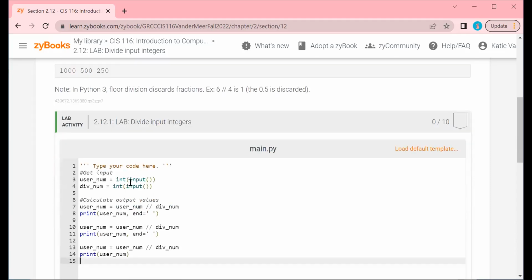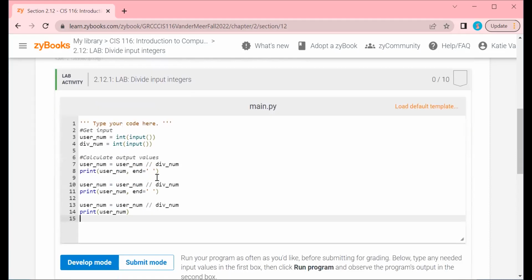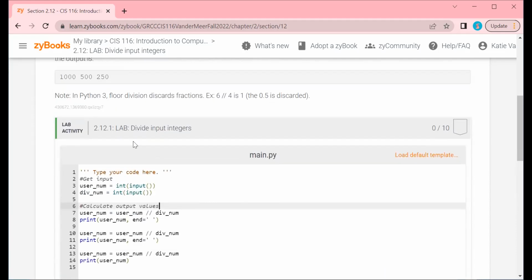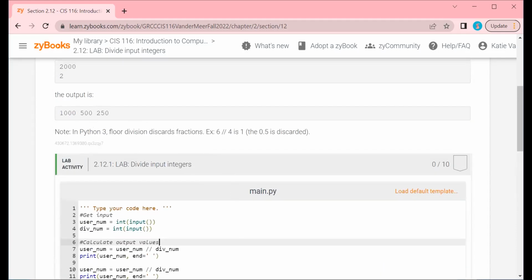Now I should have pulled up Spyder, but this is the solution here. If you took this program and took out the floor division operator and just did a normal division, you could see that your numbers are going to have decimals at a certain point.